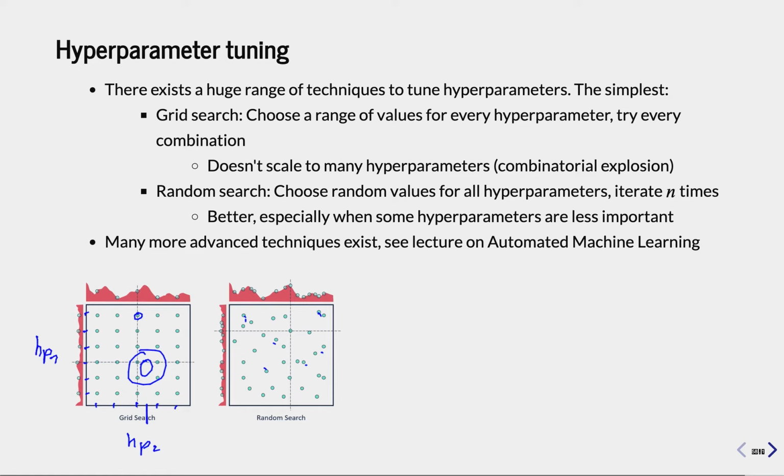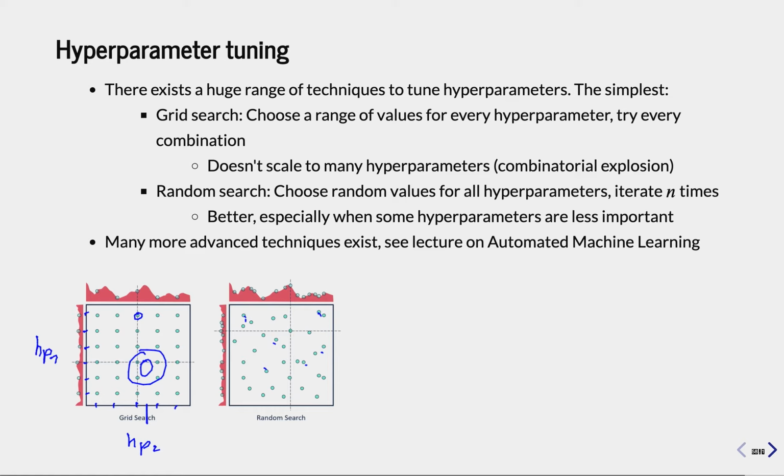You can easily control how many points you want to evaluate. You can even track over time to see what's the performance of the best model, and if you're happy with that, you can just stop, or you can keep looking for better models if you have more time or more budget to spend.